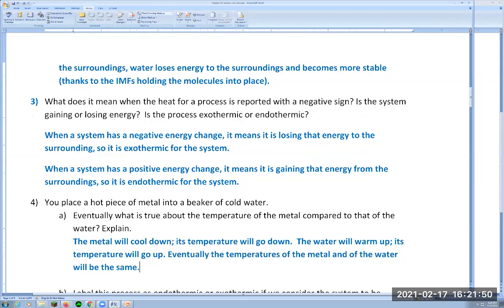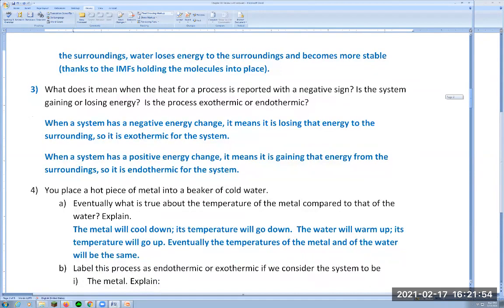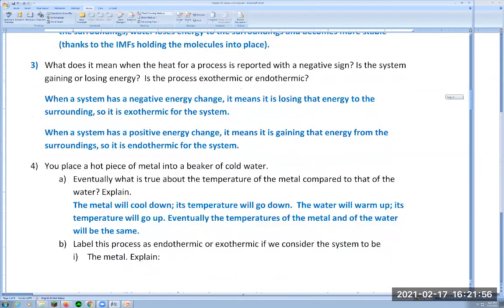So then, label this process. Label this process as exothermic or endothermic if we consider the system to be the metal. So remember how when you are deciding if it's exothermic or endothermic, it is very important that you define your system well before you decide.